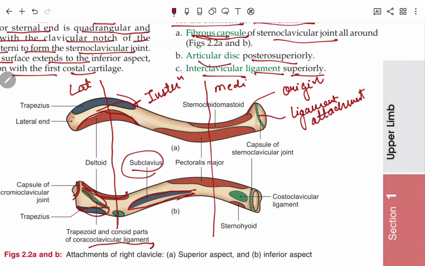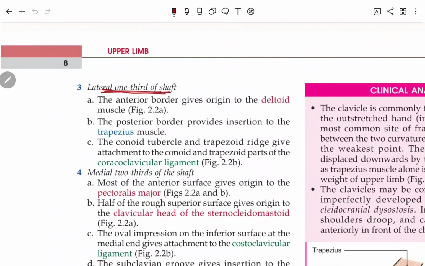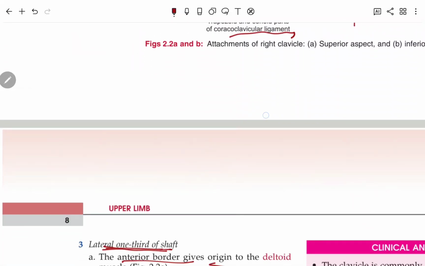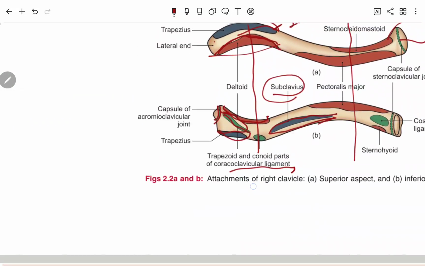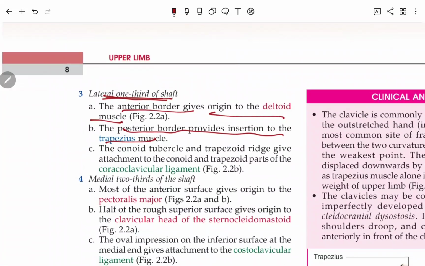Now let's connect, okay? The anterior border gives origin to the deltoid muscle. Here we discussed it. The posterior border provides insertion to the trapezius muscle. Again, this is the posterior part.